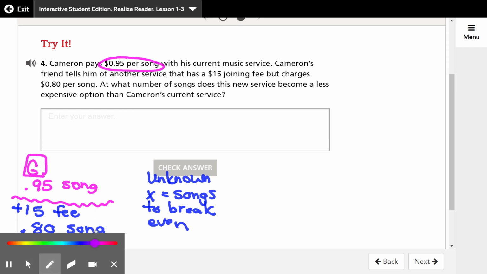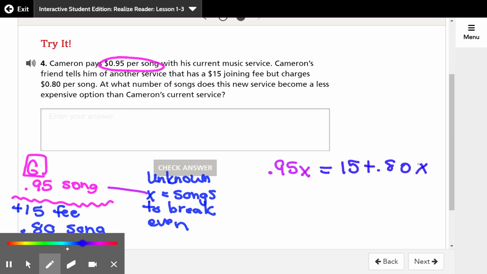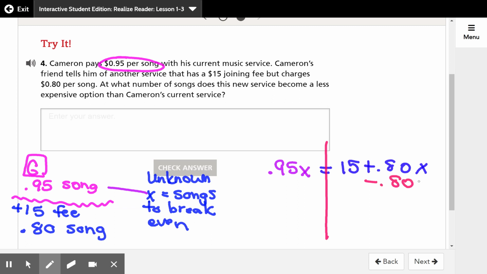All right, so we have the 0.95x, because songs match up with the 95 cents, equals, now the $15 fee plus the 80 cent per song. Draw your line down the middle, minus 0.80. Make sure that X goes with it.